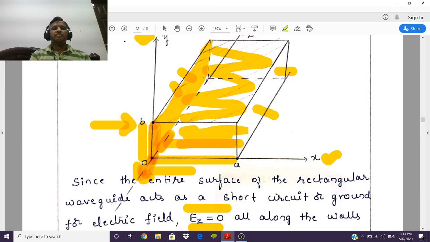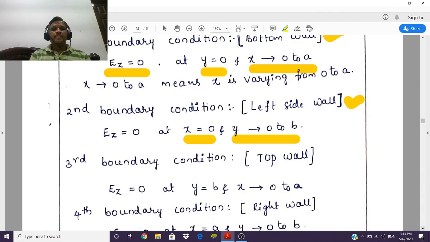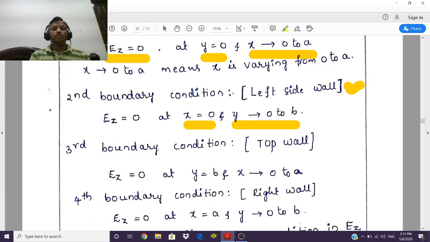And x is ranging from 0 to a, just like the bottom wall. In both cases x ranges from 0 to a, but for the bottom wall y is 0 and for the top wall y is equal to b. That is clearly mentioned here.